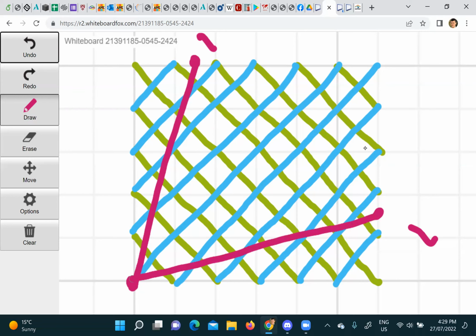I'll miss 2 squares. And then I join them. That missing 2 squares is this: 1, 2, 3, 4, 5 squares. Okay, so can you see how we count the number of squares here?